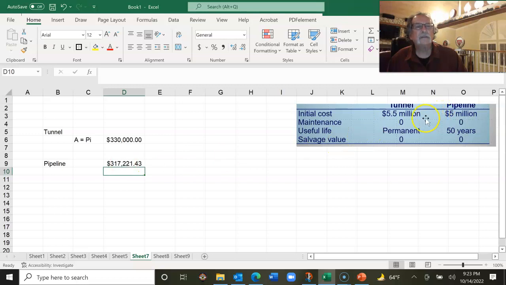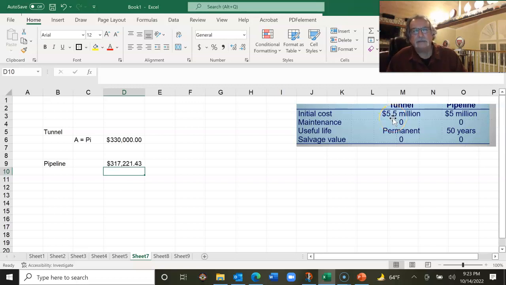That's going to be for the first $5 million for the first 50 years. When we annualize the next $5 million, we're going to come up with the same $317,000, and so on. So this shows that spending $5 million every 50 years, if your interest rate is 6%, is about $13,000 a year better than spending $5.5 million up front.